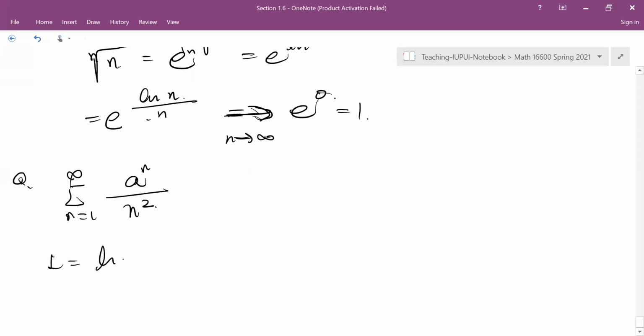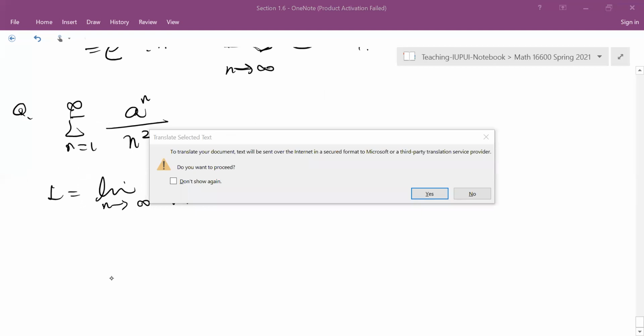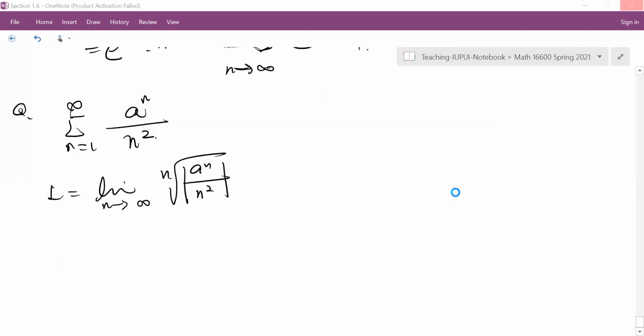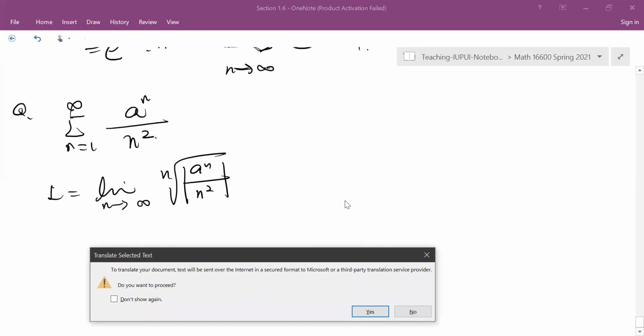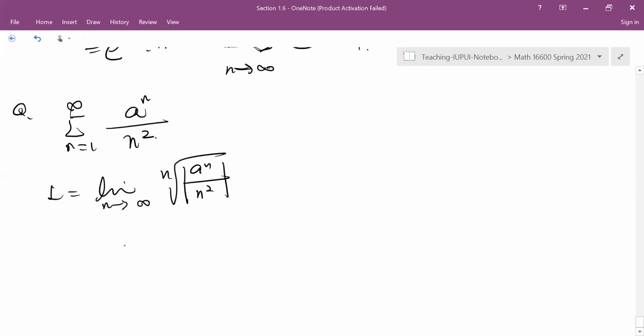Let L be the limit of the nth root of the absolute value, because maybe it's negative. Let's find this limit.